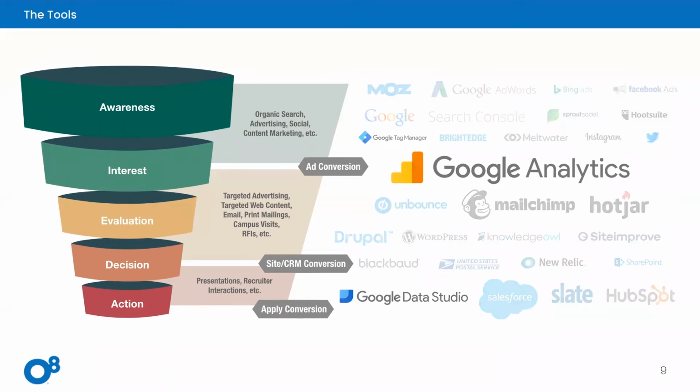The answer lies in two really core tools. These are pretty low-hanging fruit for most institutions. There's a lot of support around them, and best of all, they're free. Most of you are probably already using these tools, Google Analytics and Google Data Studio.